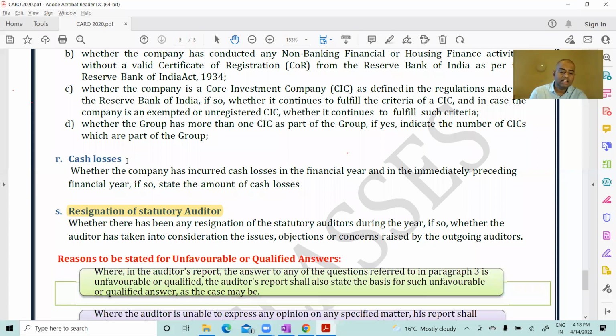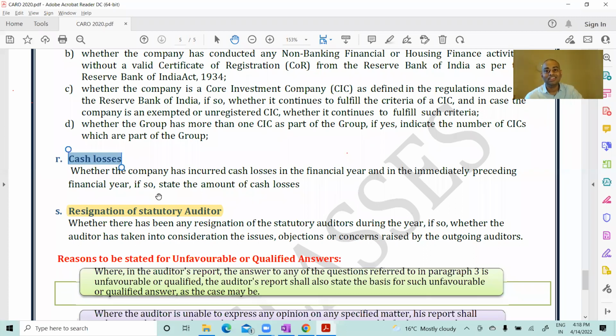Cash losses. What is the meaning of cash loss? Cash loss means you will prepare a cash flow statement now. How many parts does a cash flow statement have? How many activities is cash included in? Three. What are they?